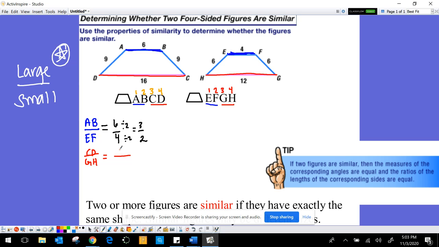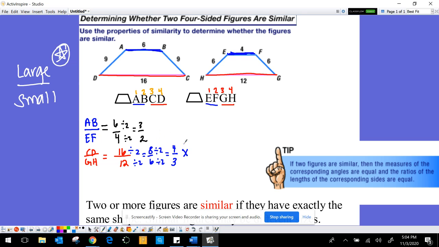So CD measures 16 and GH measures 12. If I simplify by dividing by 2, that gives me 8 over 6, and I can divide by 2 again, and that's going to give me 4 over 3.